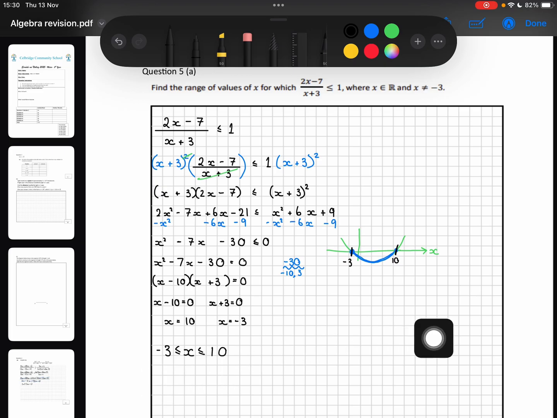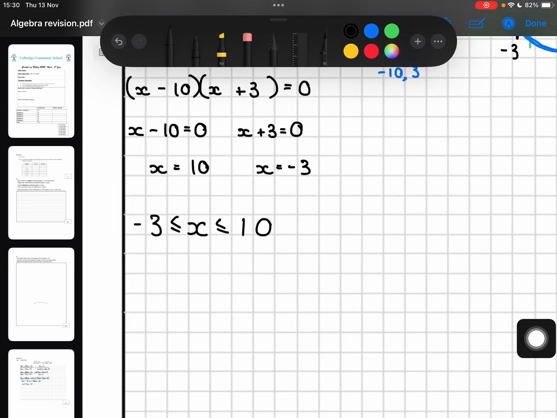So how can I exclude that? I'm going to change that part of the inequality so that it is not equal, but it still can be less than or equal to 10.